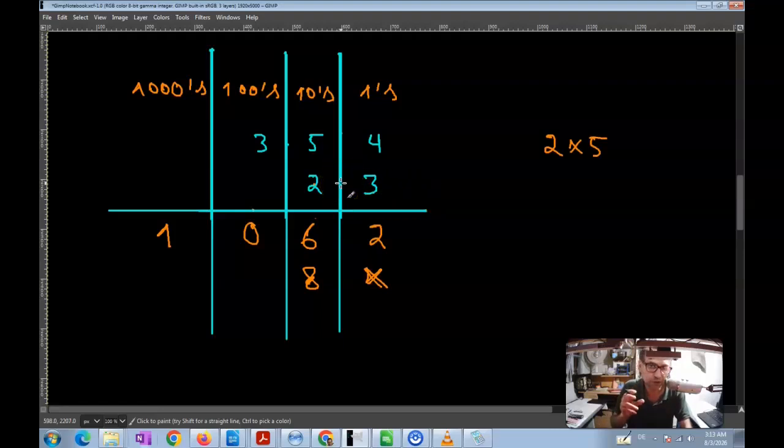But for the sake of understanding, of course, you'll have to understand all of these things. So this 2 is in the tens place value, which is a 20. And this 5 is in the tens place value, which is a 50. And this is nothing but 1,000, right?